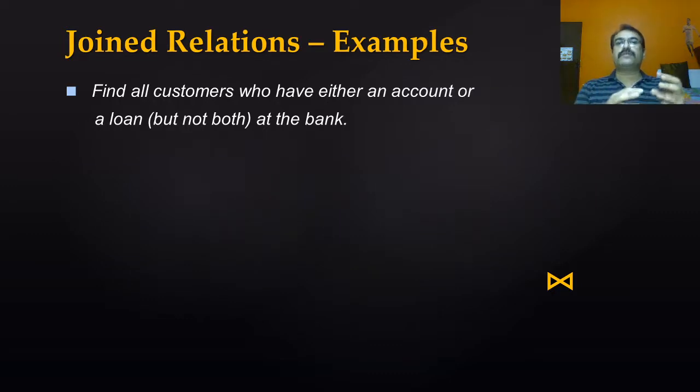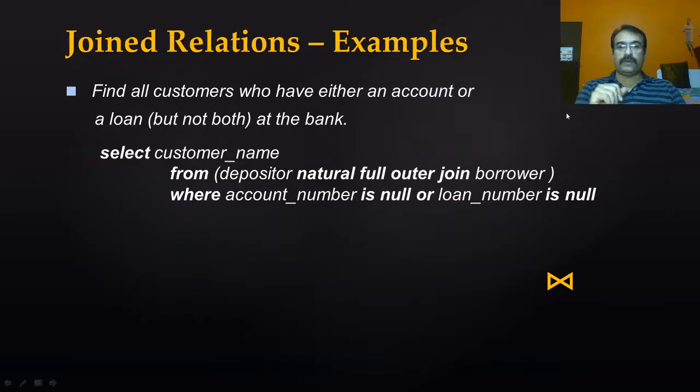So find all the customers who have either an account or a loan, but not both, at a bank. Okay, so how can we do that? We can use depositor and borrower, and the SQL query will be written in this way.